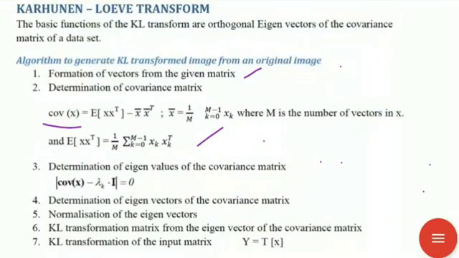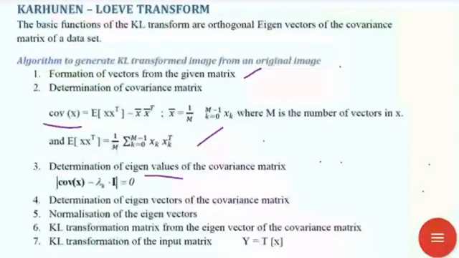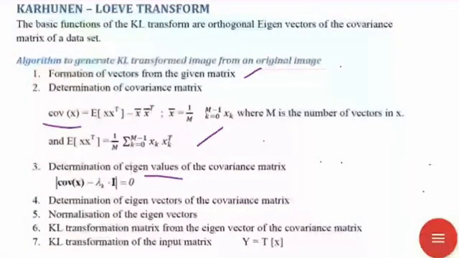After completing the covariance matrix of x, determine the eigenvalues of the covariance matrix based on the characteristic equation: the determinant of COV of x minus lambda I should be equal to 0.